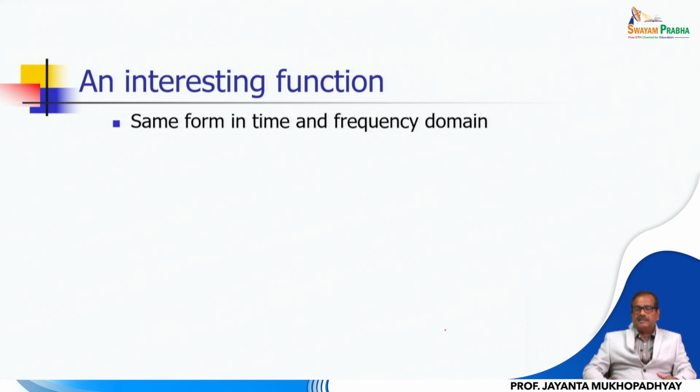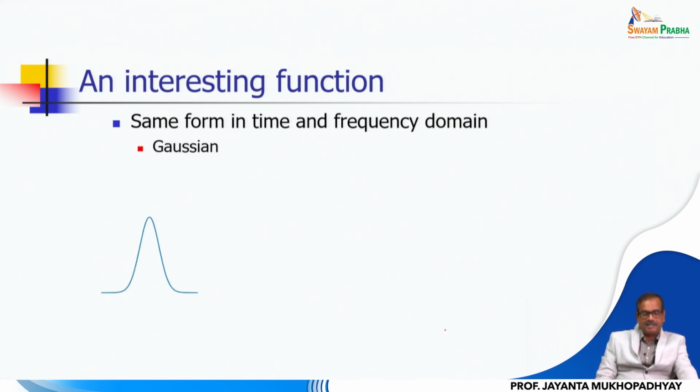But there are some functions, and actually one such function has the same form in the time and frequency domain. That means its transform is also of the same form, and in the time domain it practically has some finite support. In the frequency domain also it has finite support, and this function is none other than the Gaussian function. We have seen its applications in various other cases. In wavelets also, the Gaussian function has this interesting property.